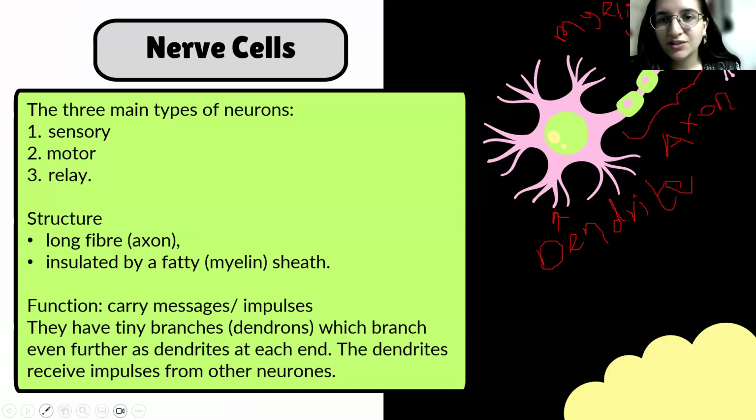These endings will then pass that electrical message to the next neurons. There are many neurons. Neurons are nerve cells, in case you forgot. And the myelin sheath here is a fatty sheath that surrounds the axon to protect it.